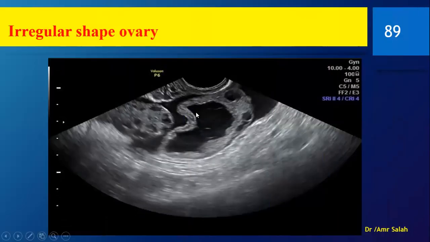Again, this is the ovary with irregular shape, and we have an irregular shaped cystic space and free fluid. So in the report, you just merely say that she has an adnexal mass with free fluid, and you might suggest this is a ruptured ovarian cyst, for clinical assessment and correlation.